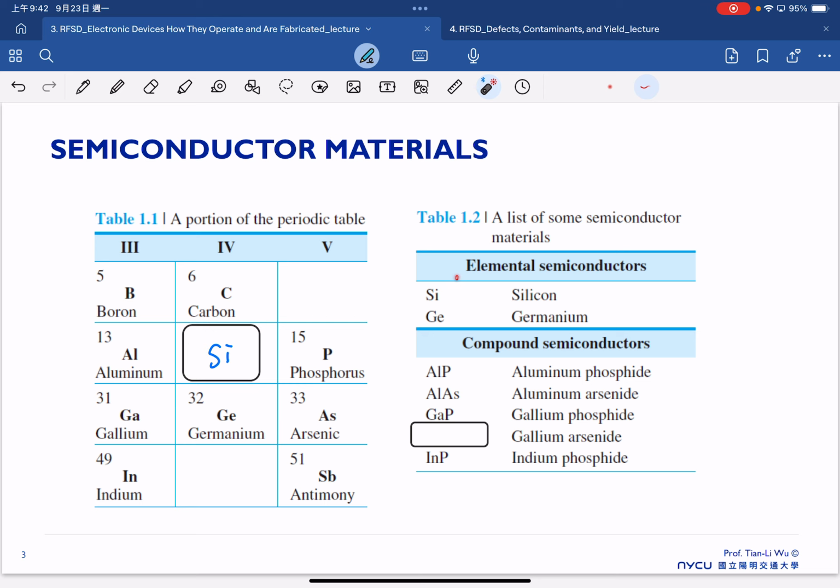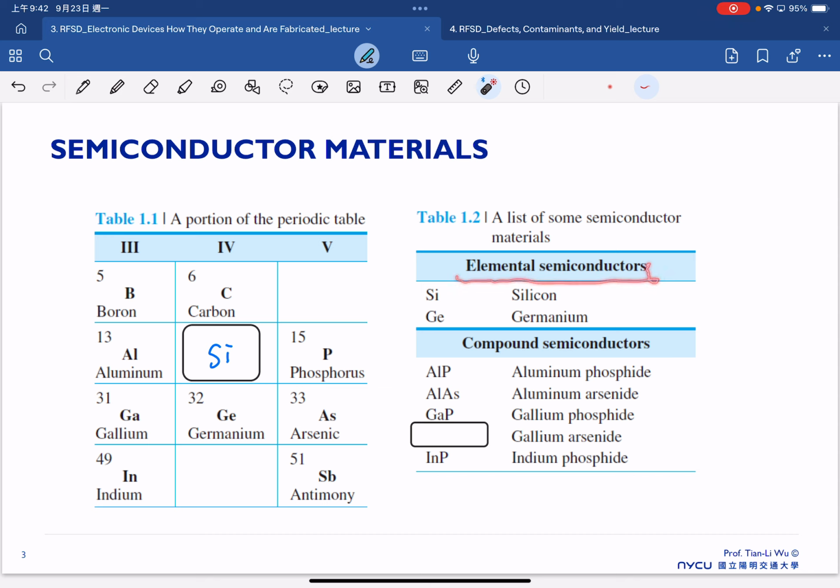So that's what we call an elemental semiconductor. That means we only need one kind of material, and that's enough for us to make the transistor, the semiconductor device here.